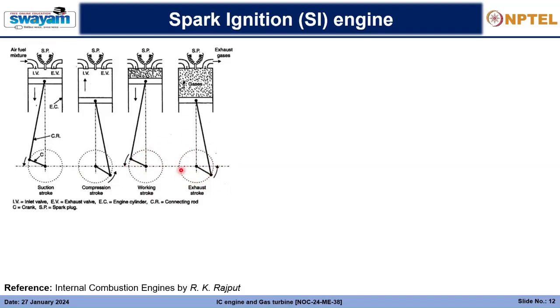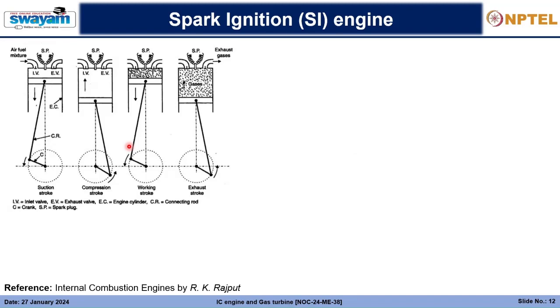So two rotations are completed in one cycle, and in two rotations it has only one working stroke. So if there are n rotations per minute, there will be half n, or n by 2, working strokes per minute. That's how you will have to figure out for the basis of 4 stroke and 2 stroke engines.